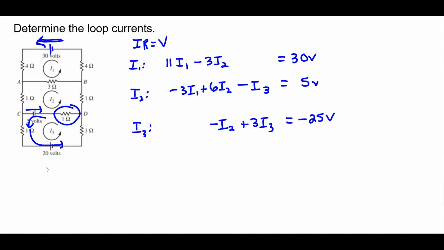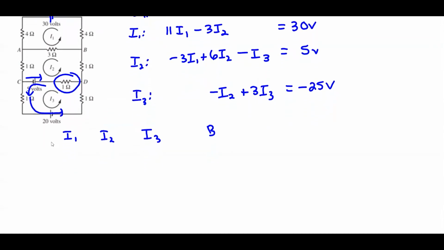So we're going to set up a system where our variables are the currents, and we have a column for the battery, or the voltage. This will be 35 and negative 25.